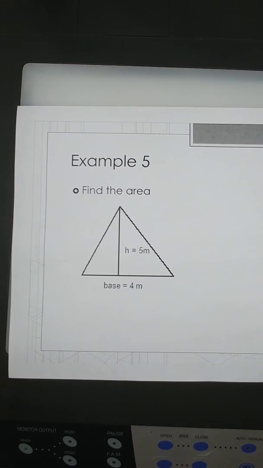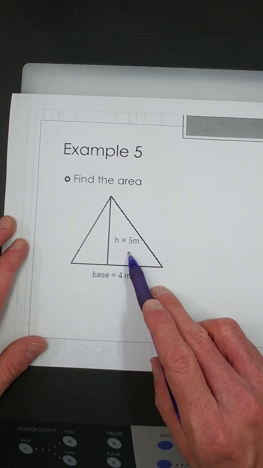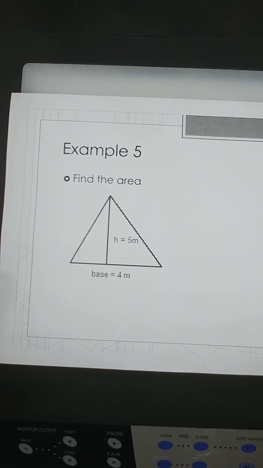Let's do an example of finding area. We did a rectangle. Let's do a triangle. Say my triangle had a height of 5 meters and a base of 4 meters.